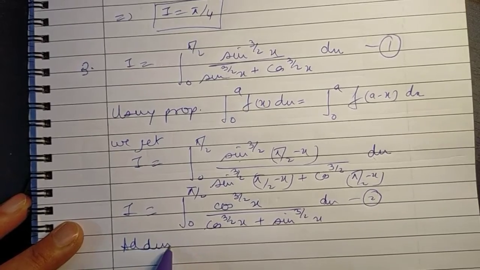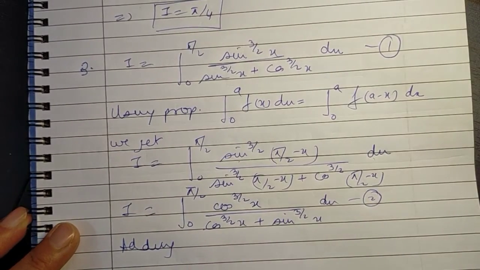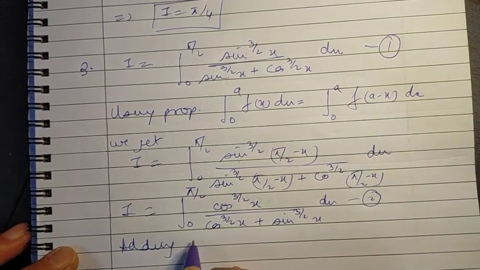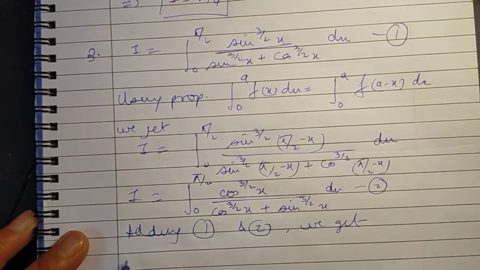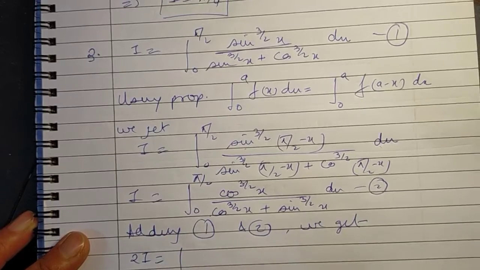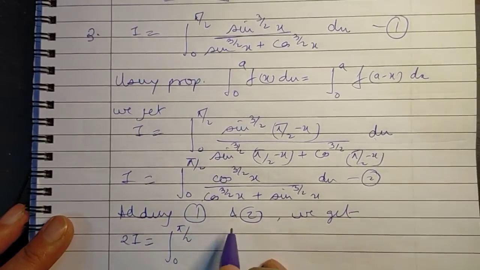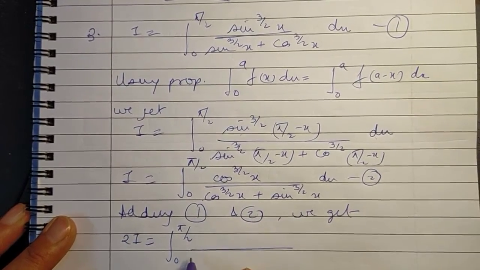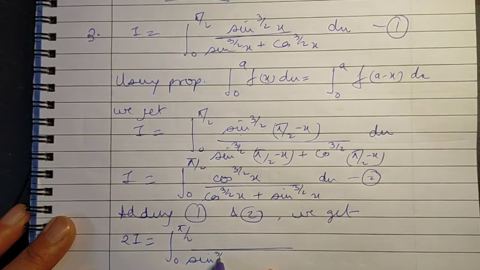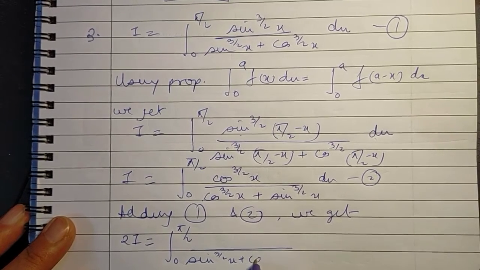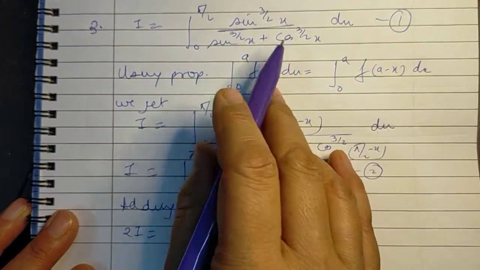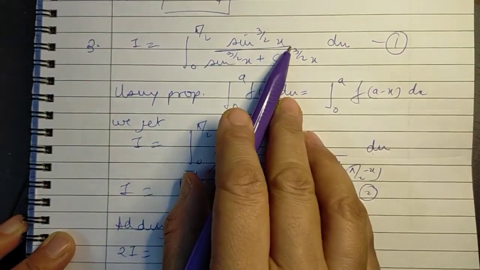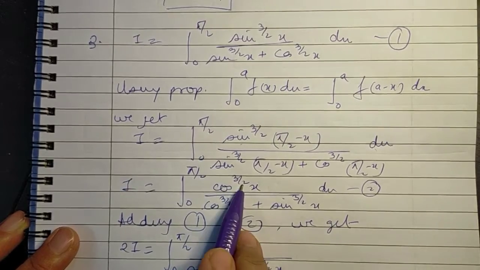Again proceeding in the same manner as before, adding 1 and 2 we get 2I is equal to 0 to pi by 2. Now denominators of both are the same, that is sine of 3 by 2 x plus cos of 3 by 2 x. Numerators also get added up because here we have sine of 3 by 2 x and here we have cos of 3 by 2 x.